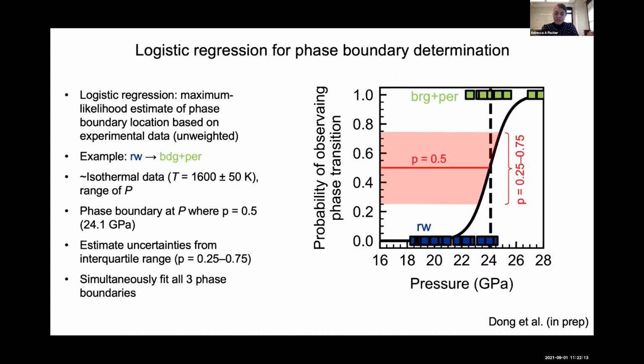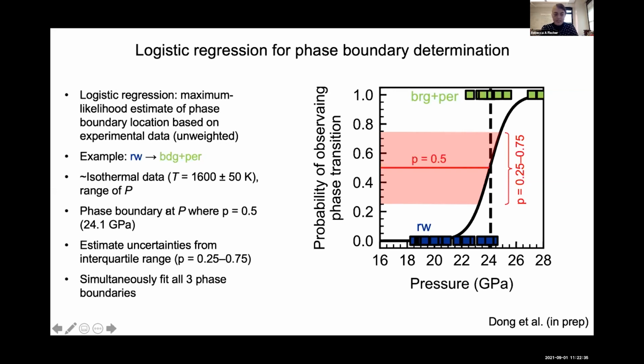And then in terms of actually turning these data into phase boundaries, we used a logistic regression method. This is a maximum likelihood estimate for the phase boundary location based on the experimental data, and it's an unweighted procedure. So in this example, we're looking at the phase transition from ringwoodite to bridgmanite plus periclase.